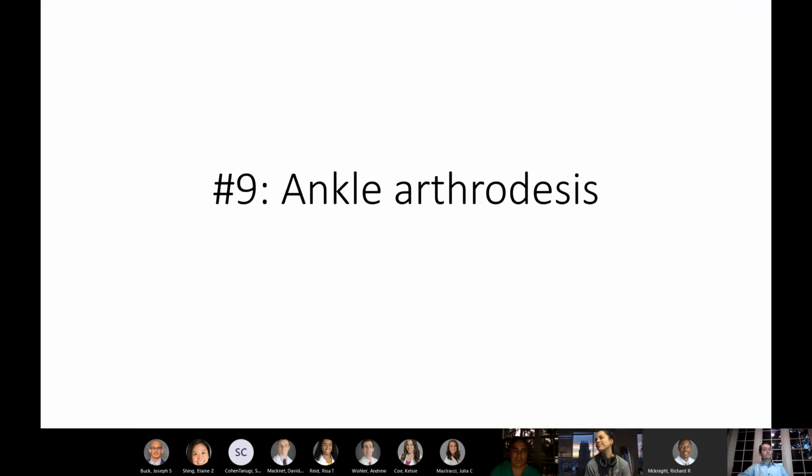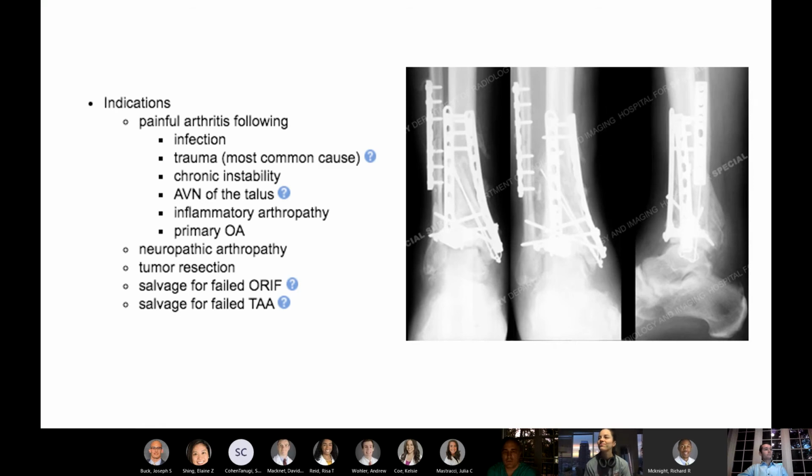Ankle arthrodesis. So use this the majority of the time in patients under 50. There's a bunch of different etiologies. Of course, a pilon fracture. AVN of the talus, it's a hard fusion to get, but you can make it work.